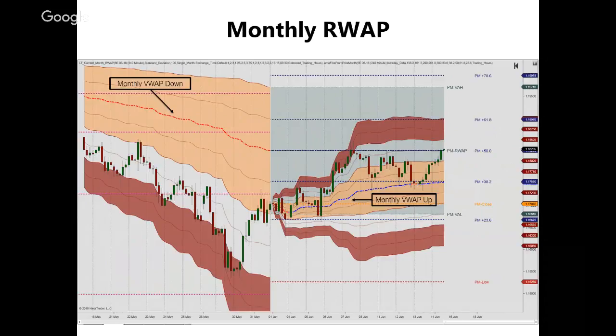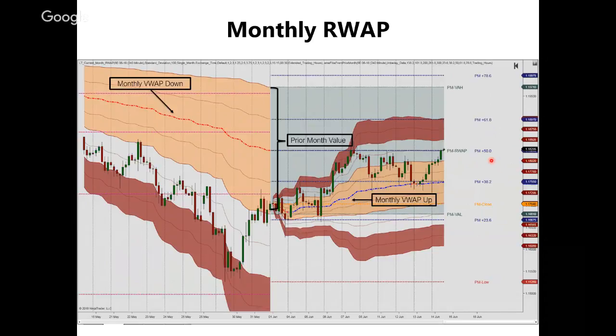Once you move out of the value area, high or low, then you can be considered to be in a trending market again. As you see here, I also have monthly Fibonacci extension levels added.